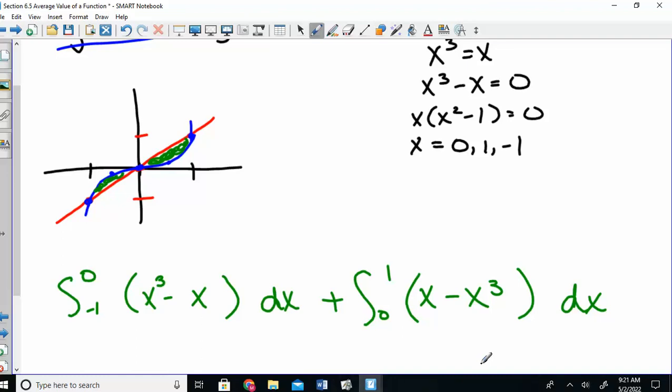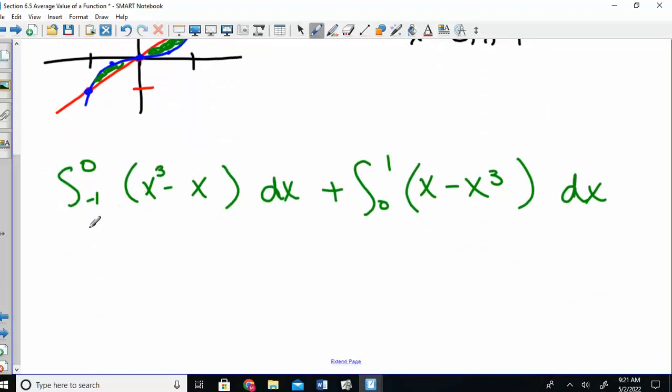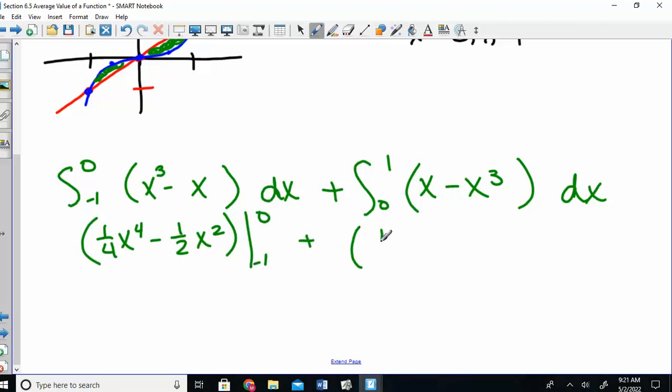Is everybody okay here? So at this point, we just have to integrate both of them. So this would be 1/4 x to the 4th minus 1/2 x squared, and negative 1 to 0.